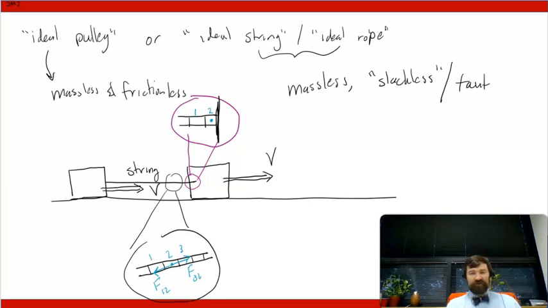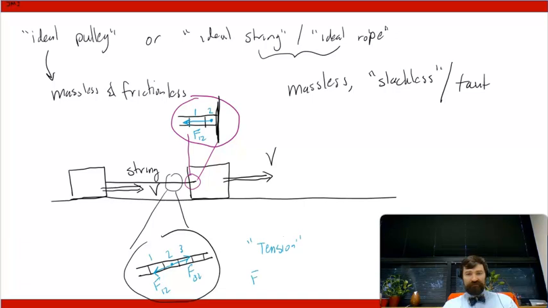Well, this one on the very end is being pulled by the one next to it in this direction, F12. But there is no other string to the right of it to counter that pull. So in some sense, this piece on the end is applying F12 to the left. Now we've said that F12 down here and F32 are equal, and F12 up here should be equal to all of those. That force that we've labeled, that is tension.